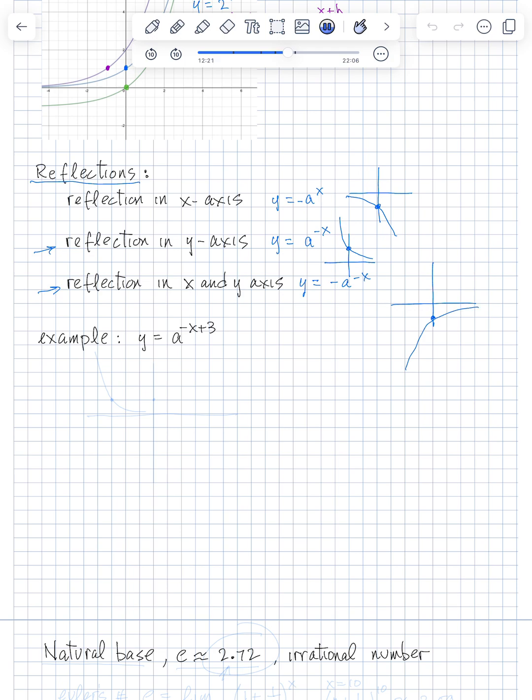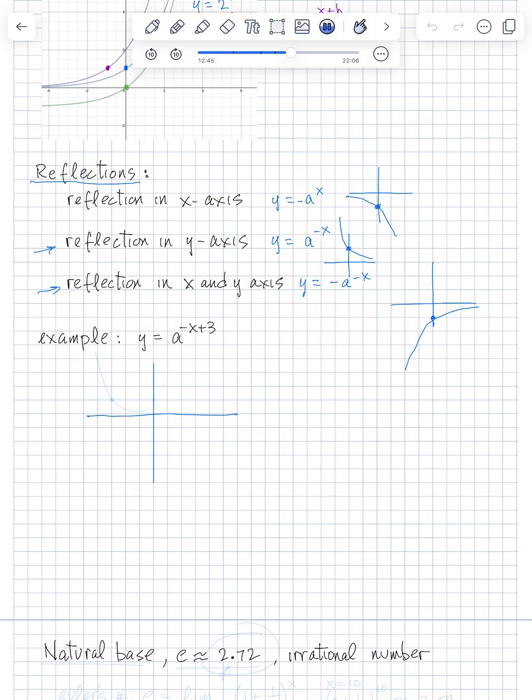So let's take an example. y is equal to a to the negative x plus 3. Well, this is a reflection in the y-axis. Let me draw our axis. Okay, so reflection in the y-axis, and it shifted left.